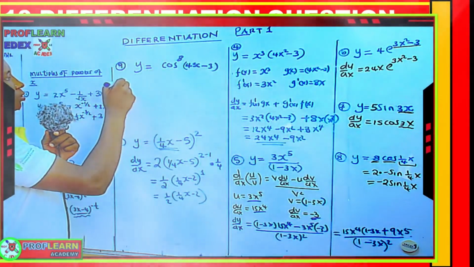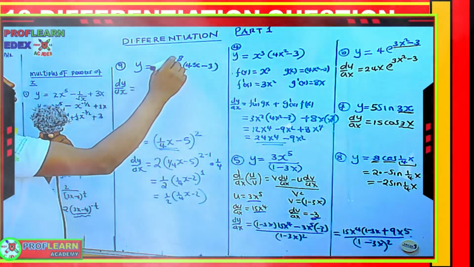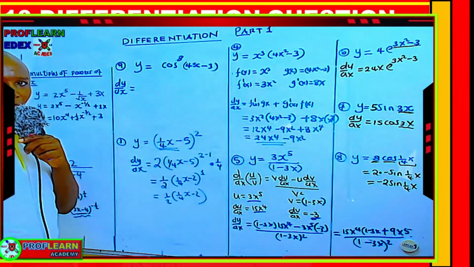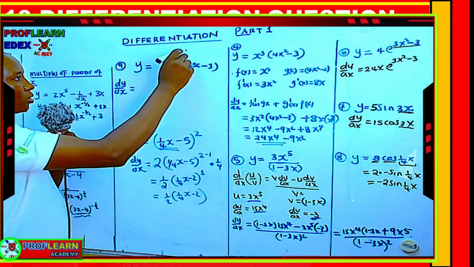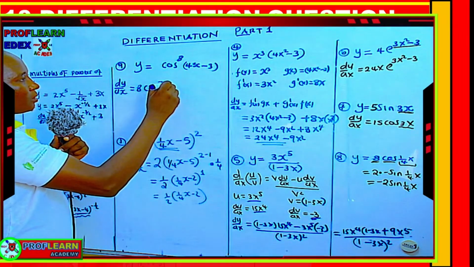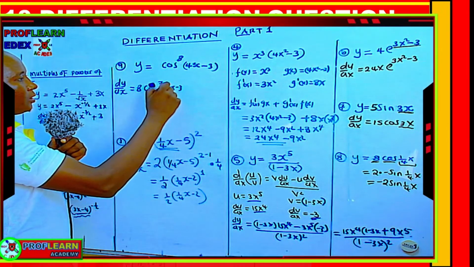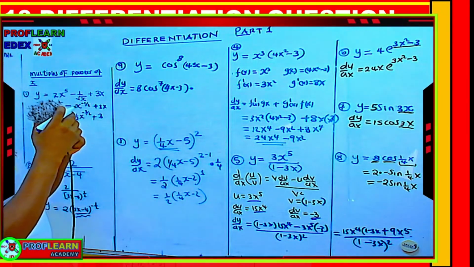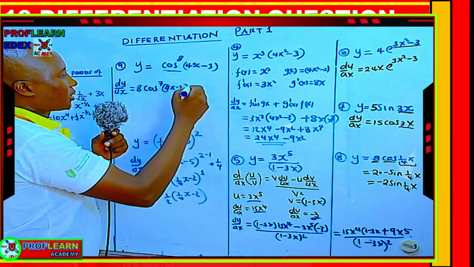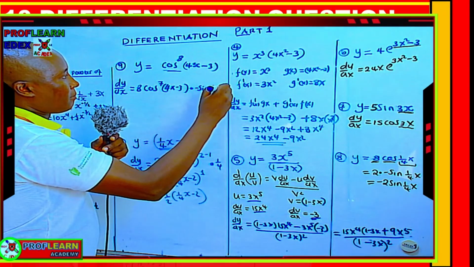So the first thing that you are going to do, dy/dx, is going to be, look at the power, don't look at what is inside here. Differentiate normally using the power rule. This is going to be 8 cos 7 (4x minus 3), the first thing you have to do. And then now, don't look at the power, differentiate the cosine, it will be minus sine (4x minus 3).